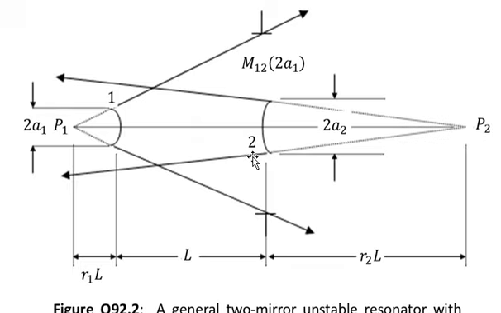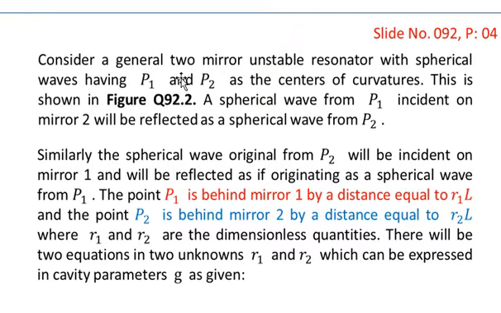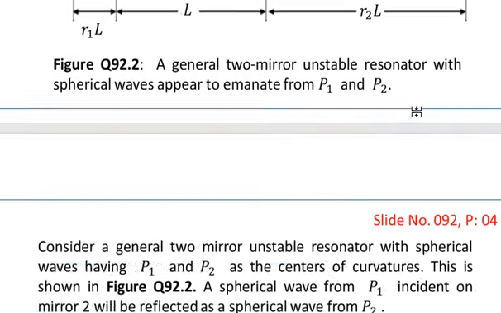So let me give you the description in words for this picture. Consider a general two-mirror unstable resonator with spherical waves having P1 and P2 as the centers of curvature. This is shown in figure number 2.